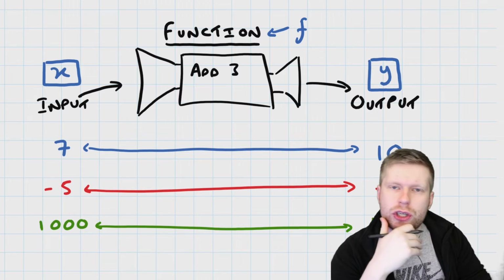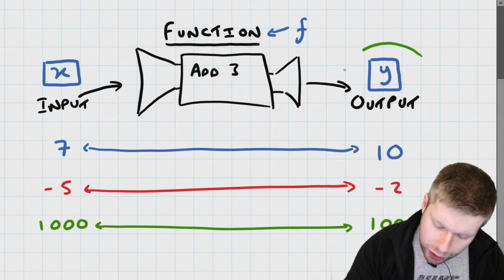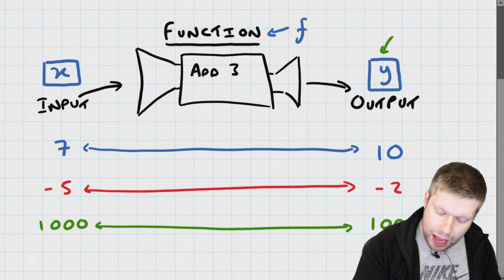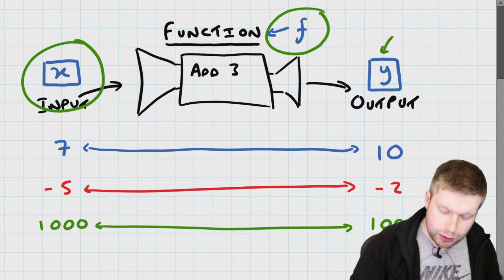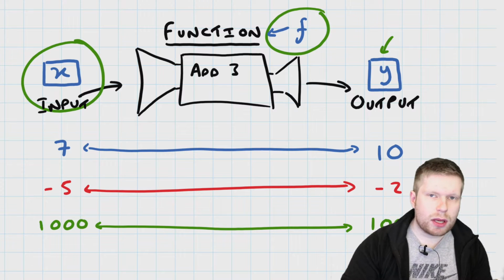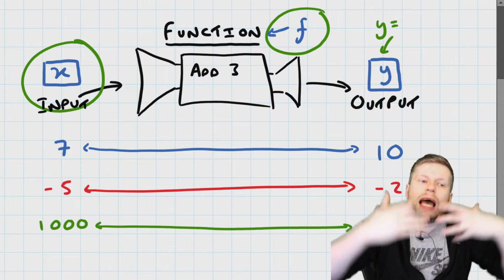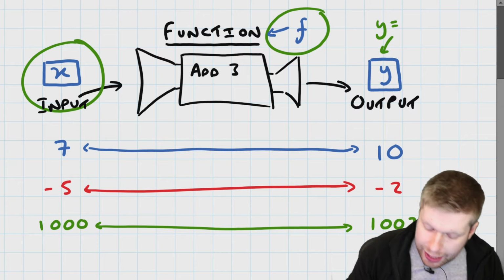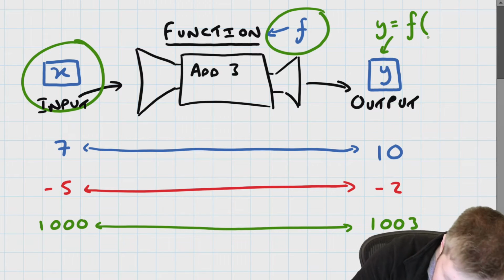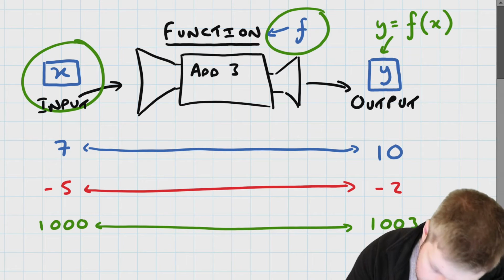So the way I would write this is that in order to get Y, I'm going to have to apply my function to X. In other words, I could say that Y is equal to, it's the same as, that's how I get Y. I get it by applying my function, which I'm giving the letter F, to X. So the way I'm going to write that is I'm going to write my X in a bracket. You see, this is really important here.